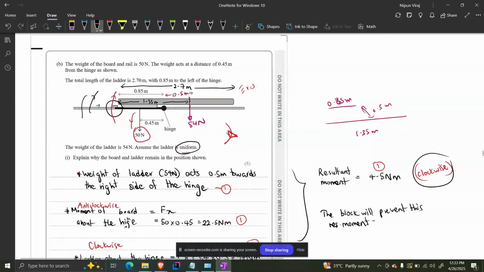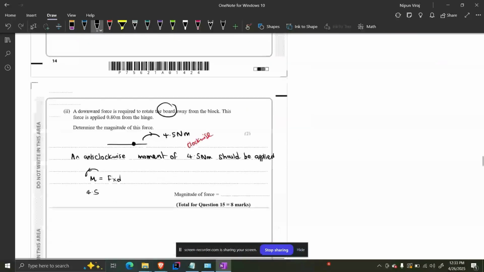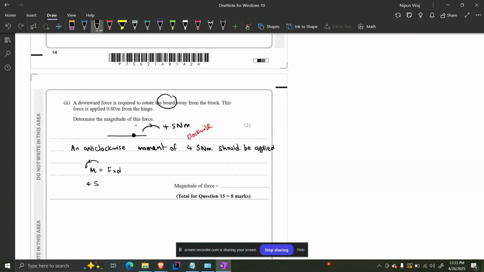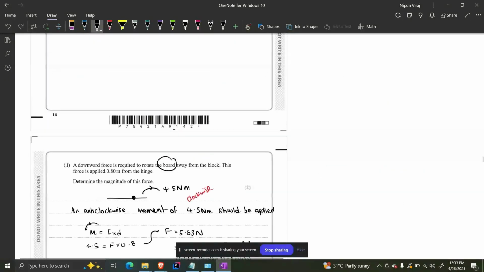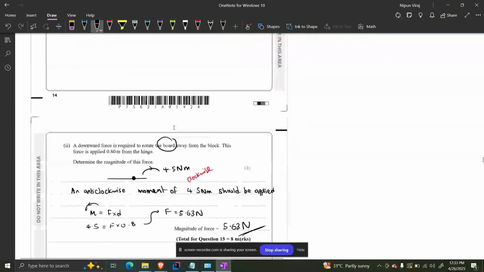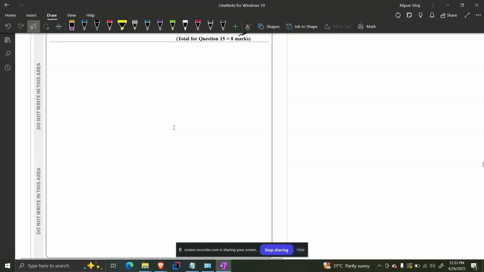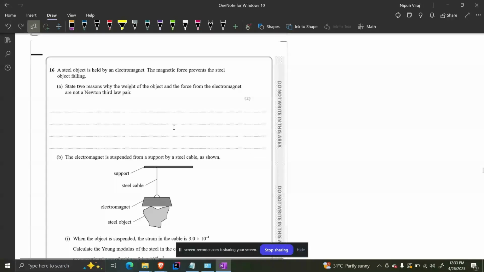So we need to make it rotate in the opposite direction. Okay, so that's the situation. Equals, therefore we get F is equal to 5.63. I think it's clear. Okay. So if you find this value, you can easily get the other remaining value as well. Okay. Right.